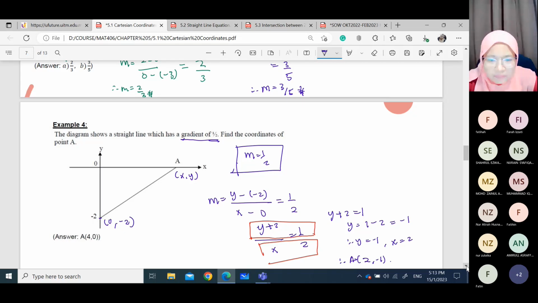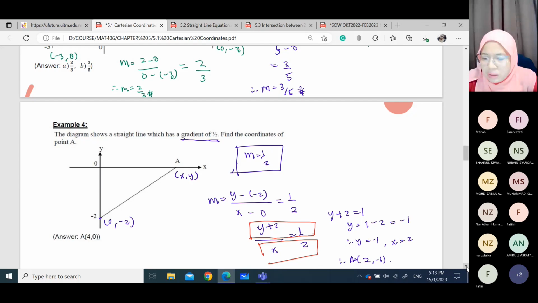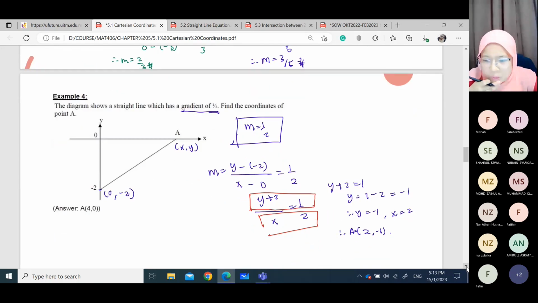Wait, let us check. The gradient is 1 over 2. So our m here is 1 over 2.